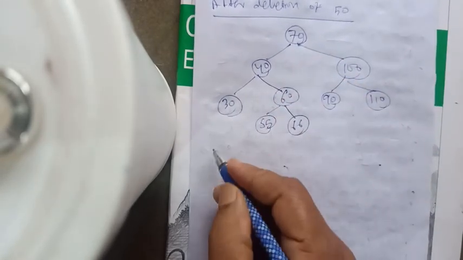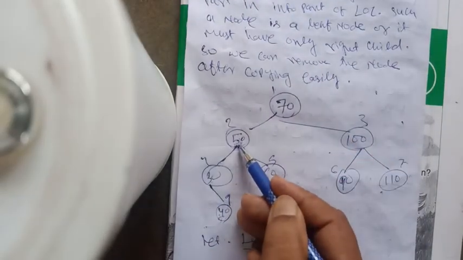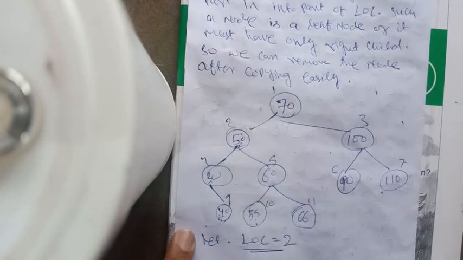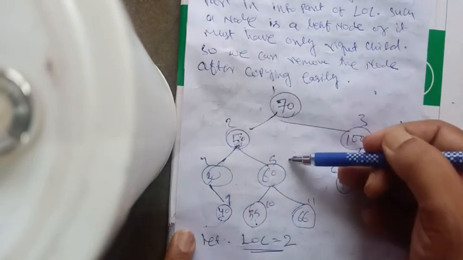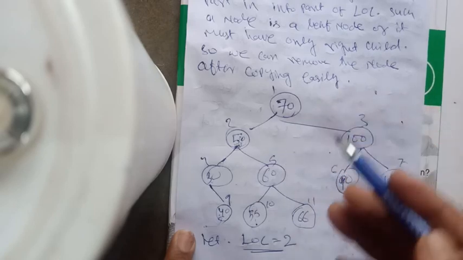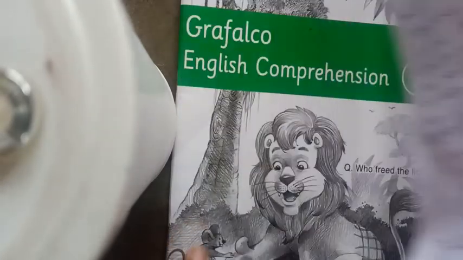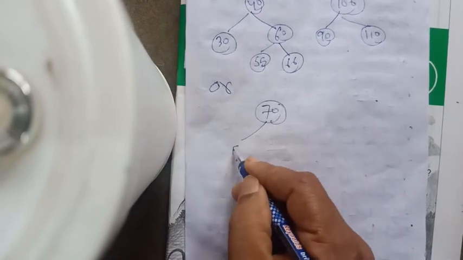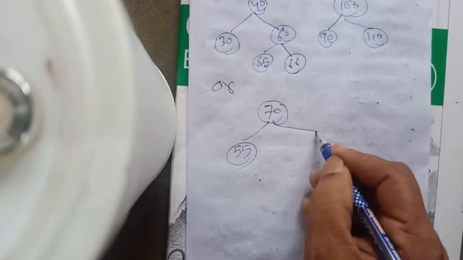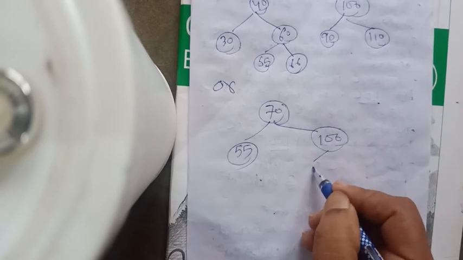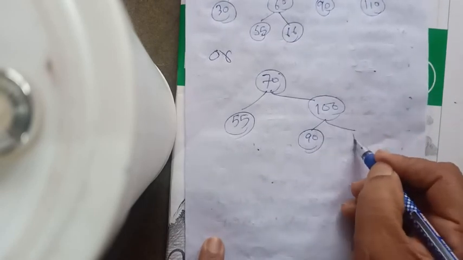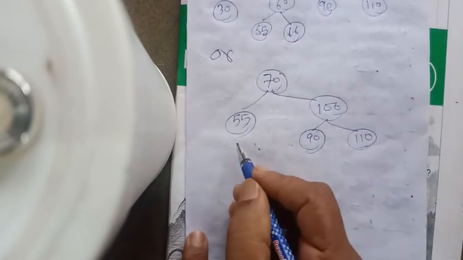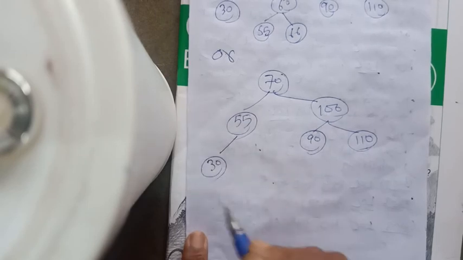Or what we can do, suppose this is our tree and we want to remove 50, we could have chosen the smallest value from the right of 50. What is the smallest value from the right of 50? That is 55. So after deletion, we have 70, then 55, 100, 90, 110, and the left of 55 will become 30.